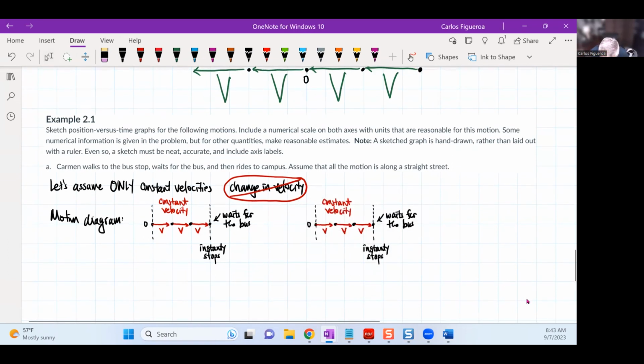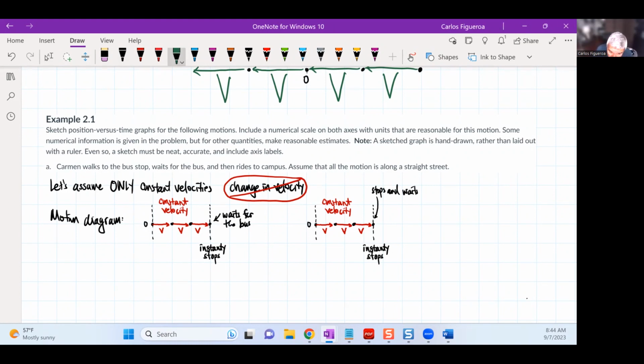So now, here's what I would say here. Right here, she then stops and she waits. Stops and waits. But as far as a motion diagram, that dot does not change. Now she gets on the bus. The bus does not speed up. It is instantly going fast.